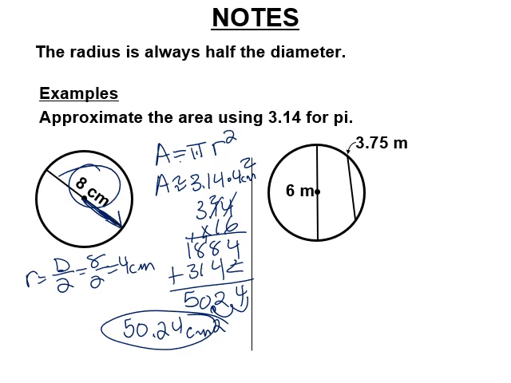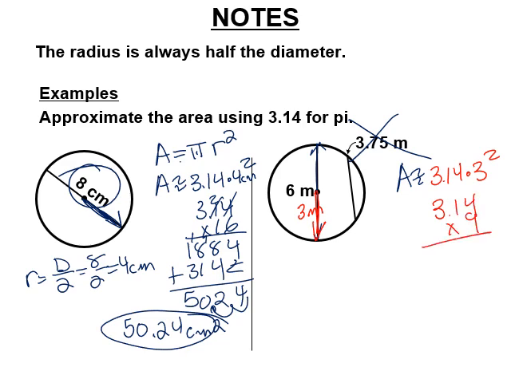Try this one. The key is which number there is the radius. None of them. That's the length of that chord. This is 6 meters all the way across. So the radius must be 3 meters. M is for meters, right? Must be 3 meters. It's the diameter divided by 2. So this is 3.14 times 3 squared, or 3.14 times 9. 4 times 9 is 36.